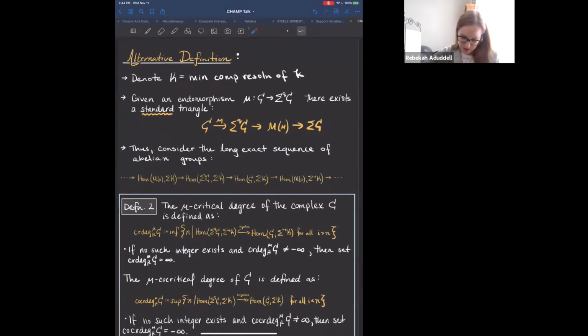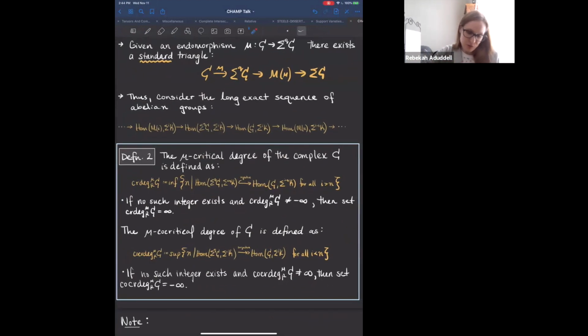I have this written out. Definition 2 changes the way we define the mu critical and mu co-critical degree. We're now saying it's the least integer m such that this map of the abelian groups is injective for all i larger than m.